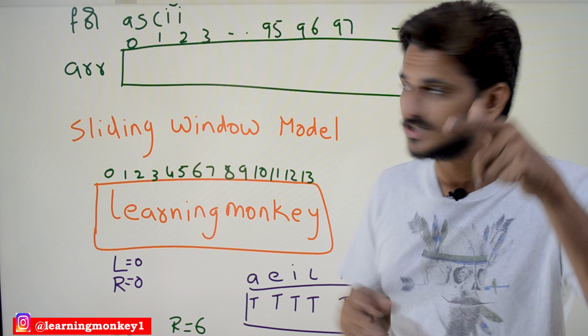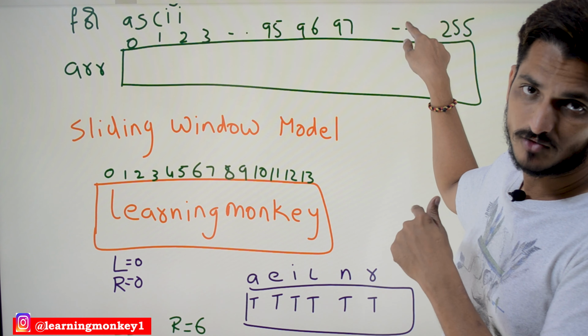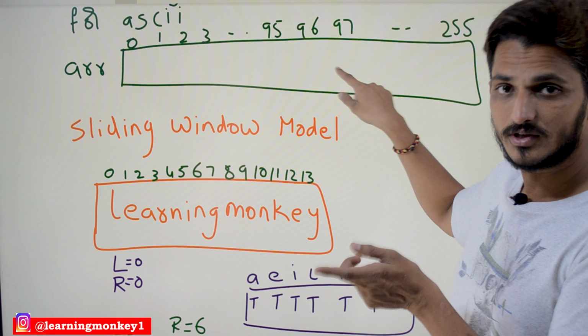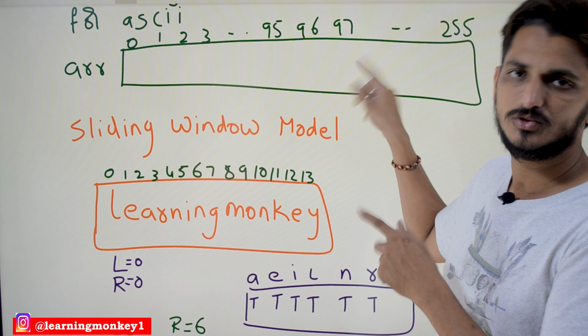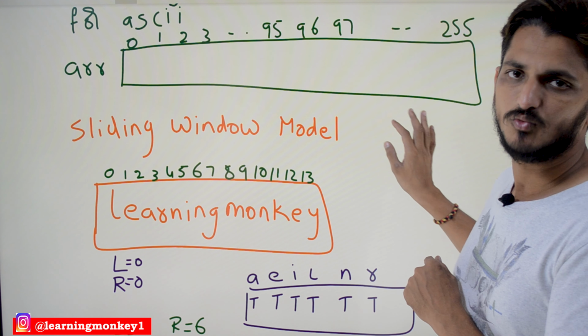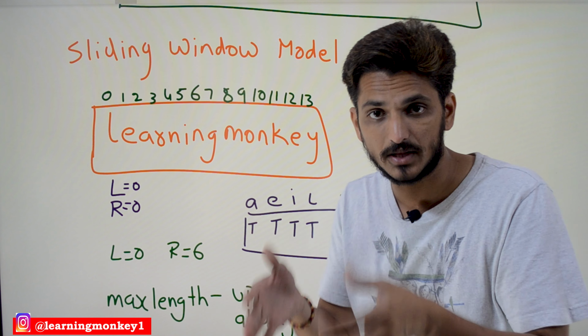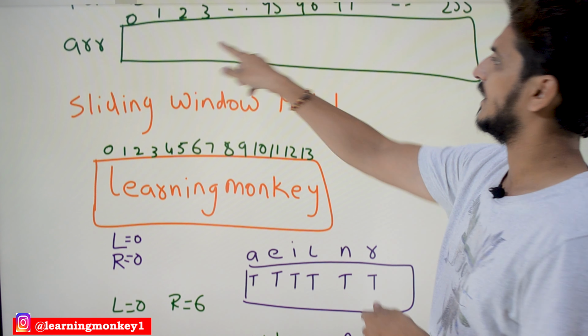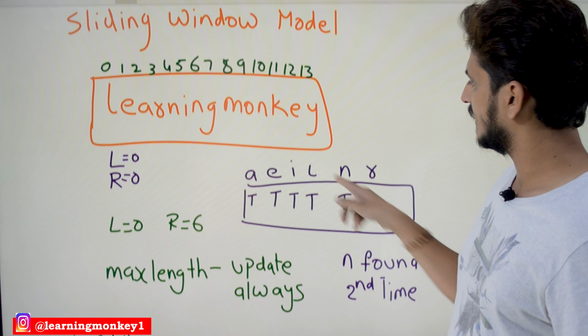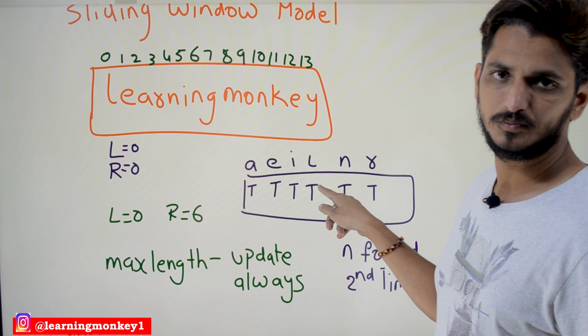In order to understand that, at position 105 we are placing true. Otherwise, if you go with 0 and 1, place it as 1. 1 means already visited character. For that purpose, we are using this array. So at L, place it as true.